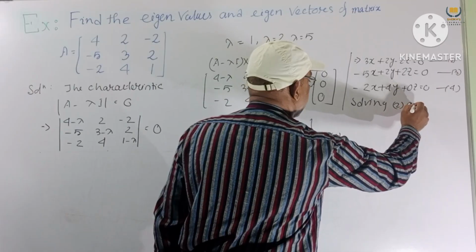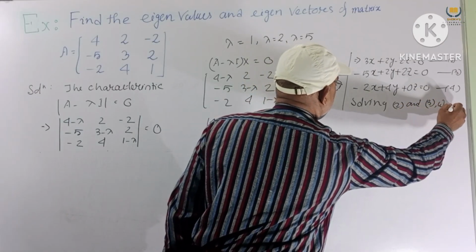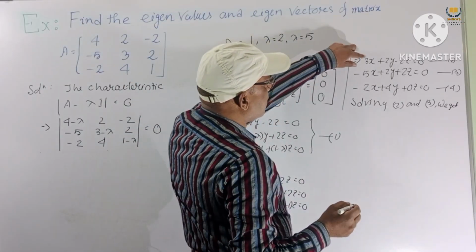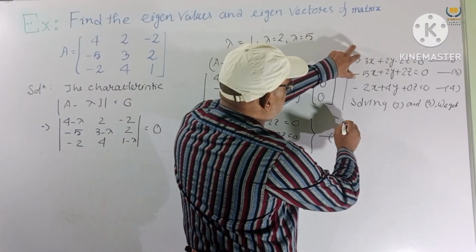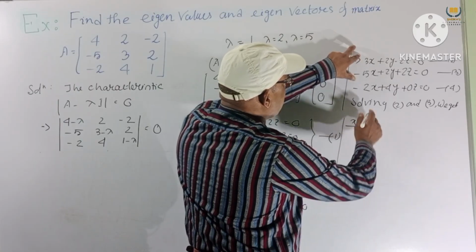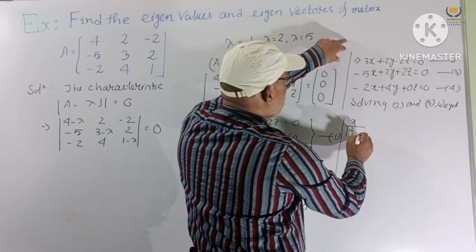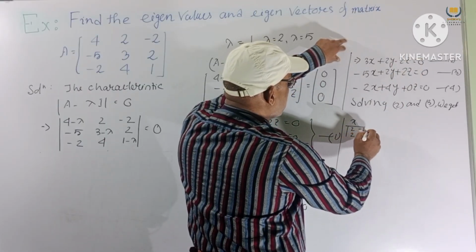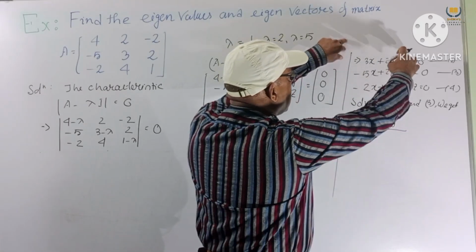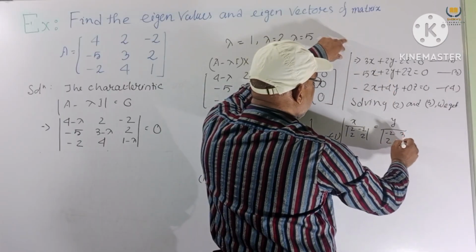2 and 3, we get, solving 2 and 3 we get this. 2, taking x, then this cancel, we get this. 2, 2, minus 2, 2. Next y, this one cancelled, minus 2, 2, then 3, minus 5.